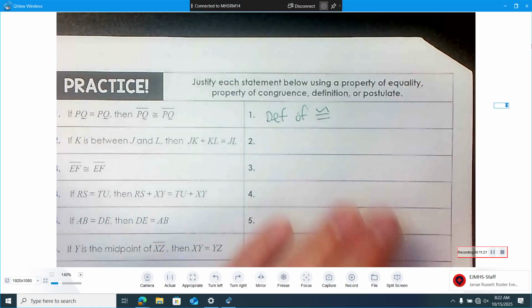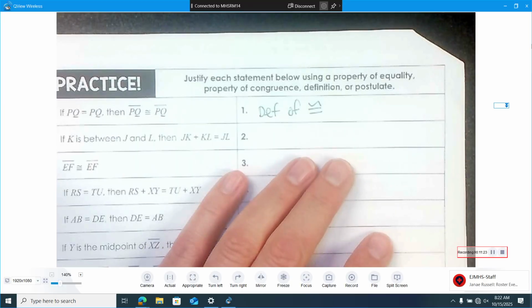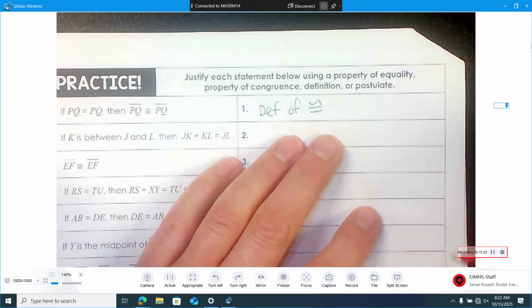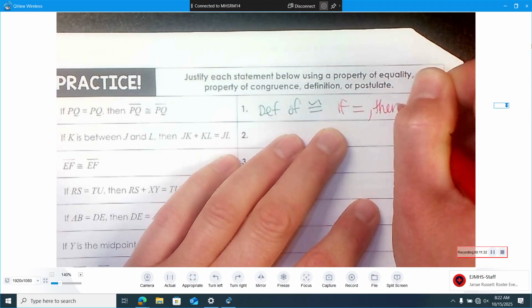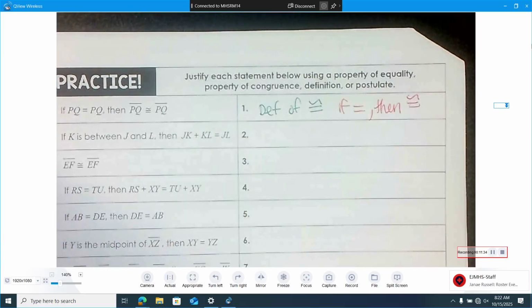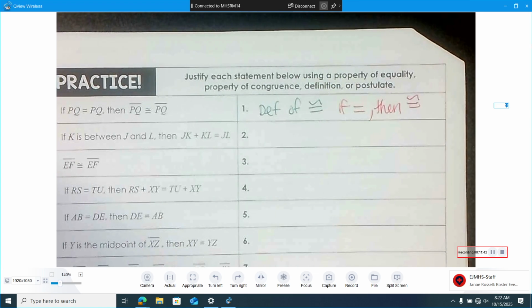You know, sometimes I don't really like to use definitions. I'd rather write it out in words, which I think is also perfectly acceptable. Like if two things are equal, then they are congruent, which might be a little bit more specific. If two things are equal, then they're also congruent, and we could reverse that if we needed to. It says the same thing.